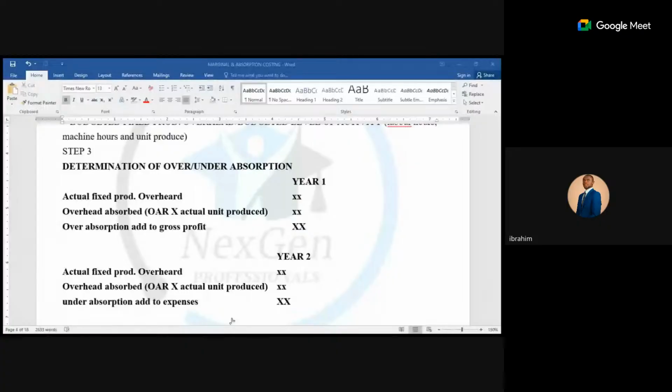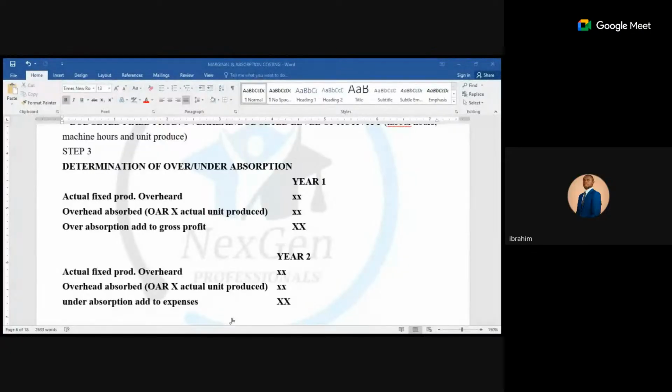Class, you cannot just compare actual and budgeted. Budgeted must have an element of actual. So if budgeted has an element of actual, then you can say yes, you can compare them now because they have something in common. Class, are you still with me? Are we still together? Yes, sir.